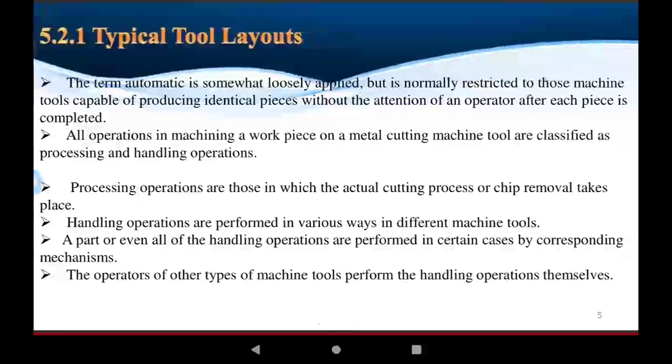typical tool layouts. The term automatic is somewhat loosely applied, but is normally restricted to those machine tools capable of producing identical pieces.